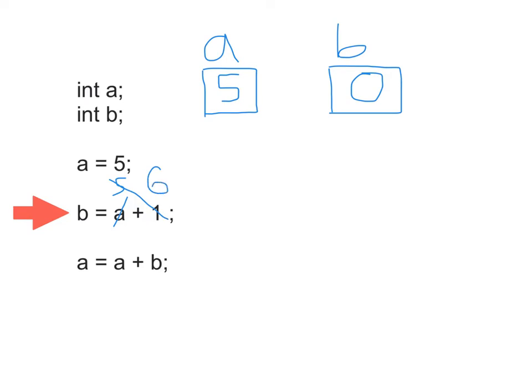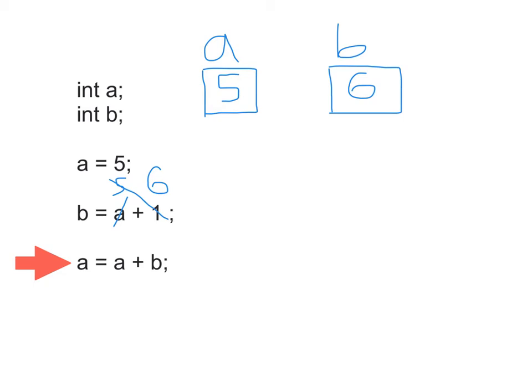So really what this statement says is b equals 6. So now the memory location for b, which used to hold 0, will now contain the value 6. Now we can move on to the last line of the program.